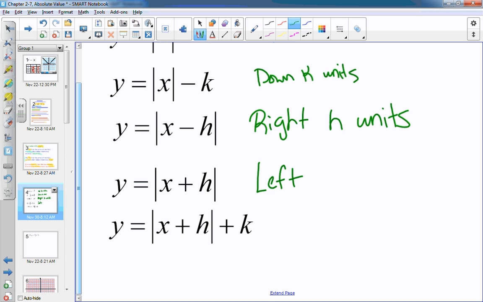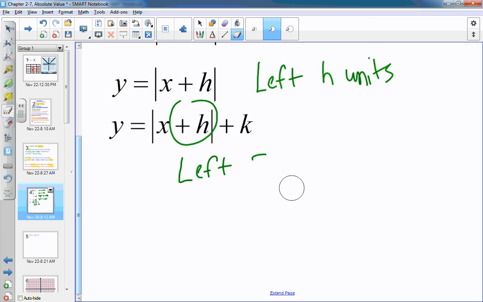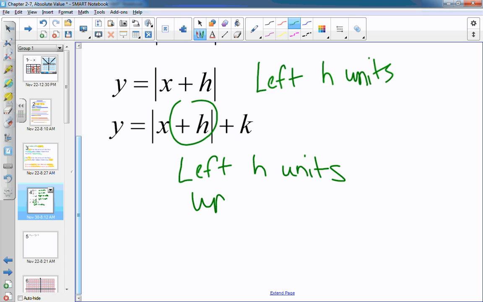It's the opposite of what you think. And now let's put this together and tell me what's happening to this equation right here. It's going to the left h units, and it's going up k units.